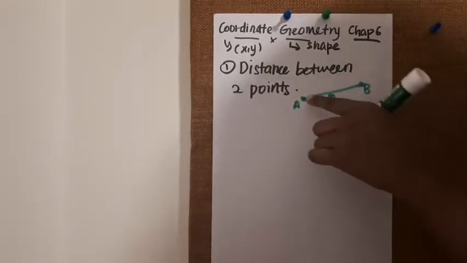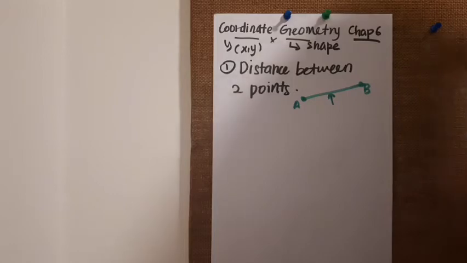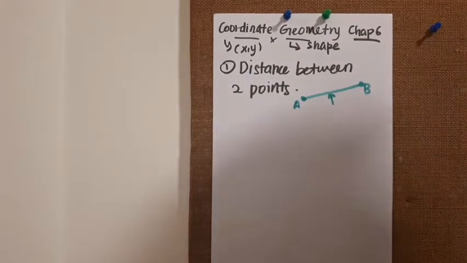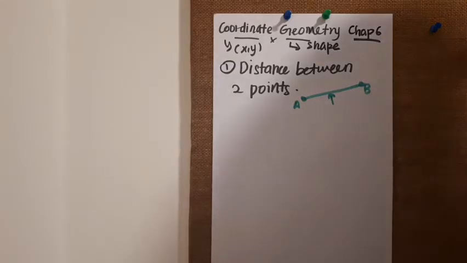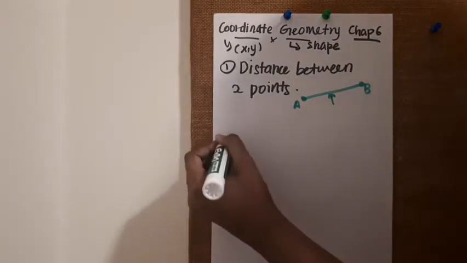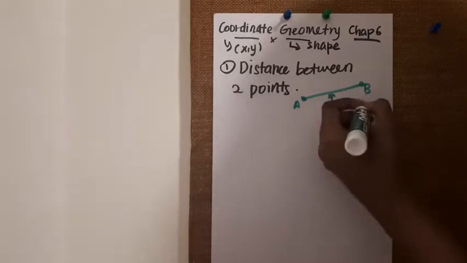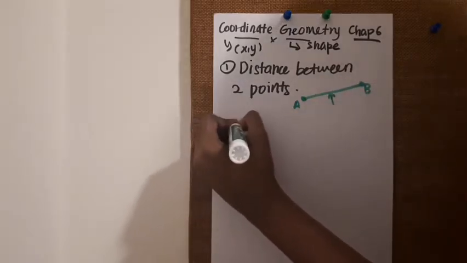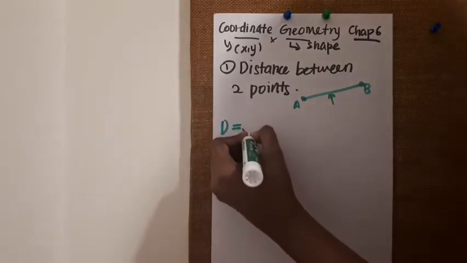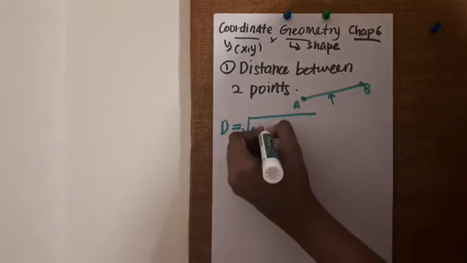The distance is measured along this straight line, and we have a specific formula for it, which I will explain how to get. So the formula is, this is the formula here.